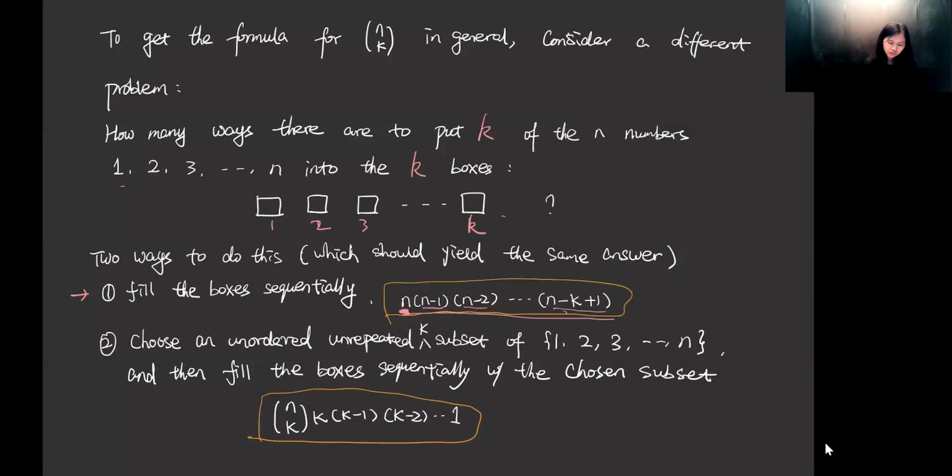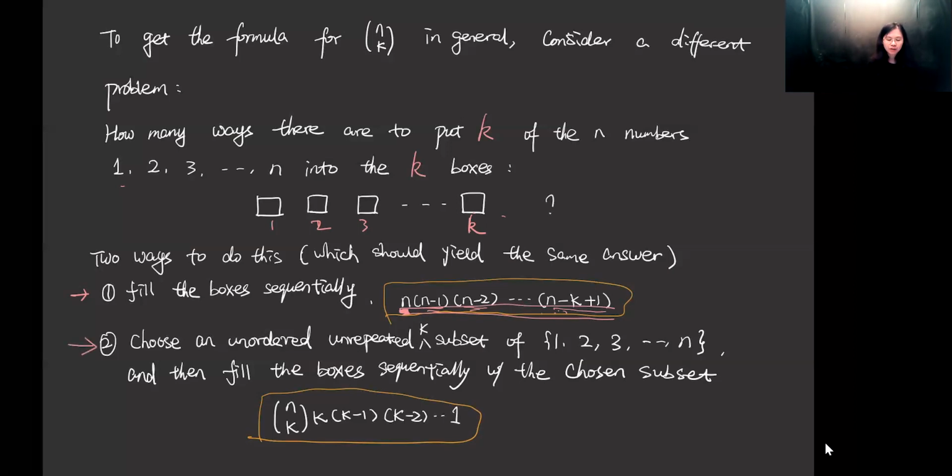The first way gives you the answer n times n-1 times n-2 down to n-k+1, because when you are filling the last box, you are left with only n-k+1 numbers, and you're choosing one from these. That's the first way.